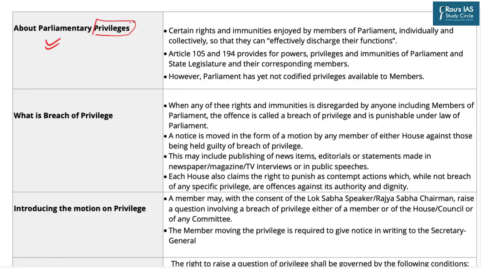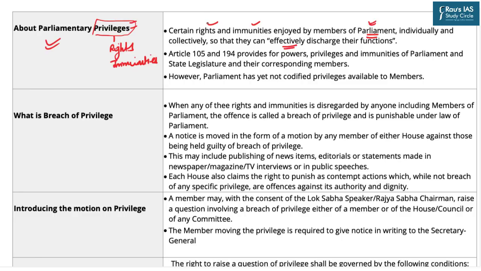Now, as the name suggests, privileges are certain rights or immunities which are enjoyed by the members of the parliament as well as the state legislatures. These rights and immunities are provided to the MPs, MLAs, and in states having legislative councils, the MLCs, so that they can carry out their functions effectively without any external pressure.